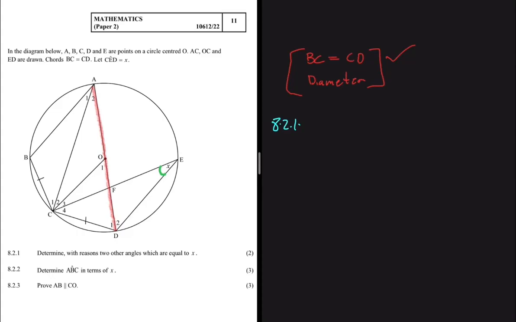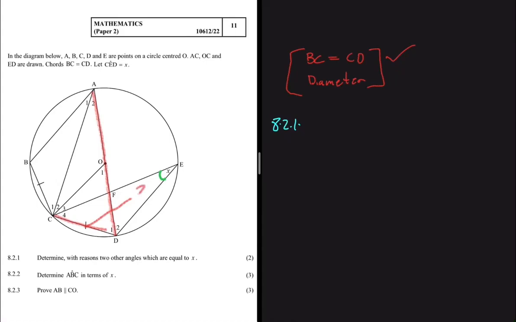Chord CD subtends x, and chord CD is equal to chord BC, and chord BC subtends A1. Equal chords subtend equal angles. So angle x is equal to A1, and the reason is that equal chords subtend equal angles.